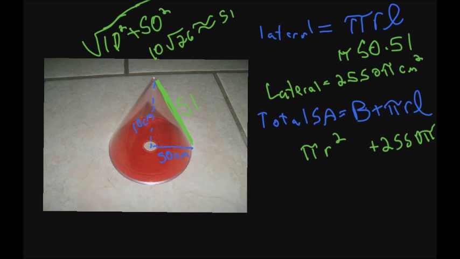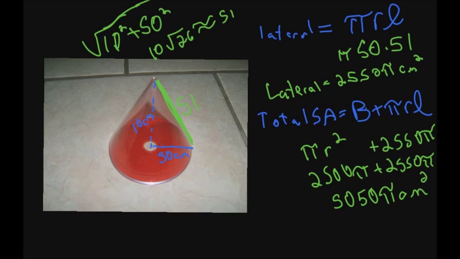Oops, I forgot my pi on the 2,550. So 2,500 pi plus the 2,550 pi is going to give us 5,050 pi centimeters squared. So that's our total surface area.